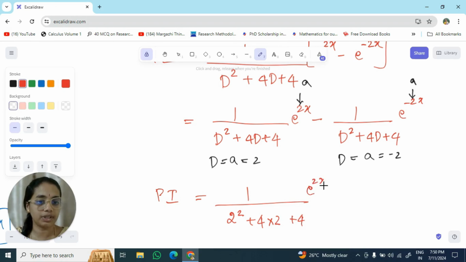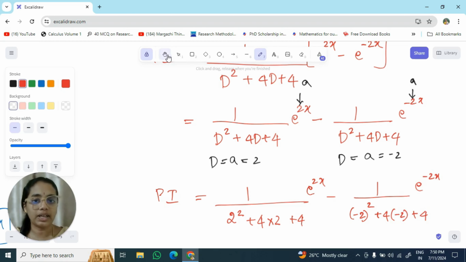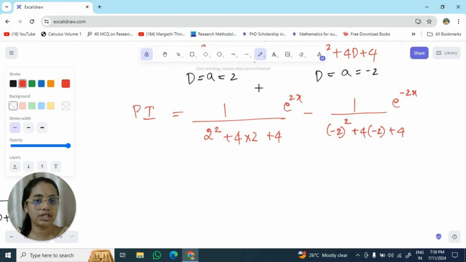This is easy, this is simple. But the next term, be very careful with the signs. Yes, so we would get negative 2 the whole square plus 4 into negative 2 plus 4. Yes, so what happens to our first term? First term, it would be 4 plus 4, 8. 8 plus 8, that is 16.